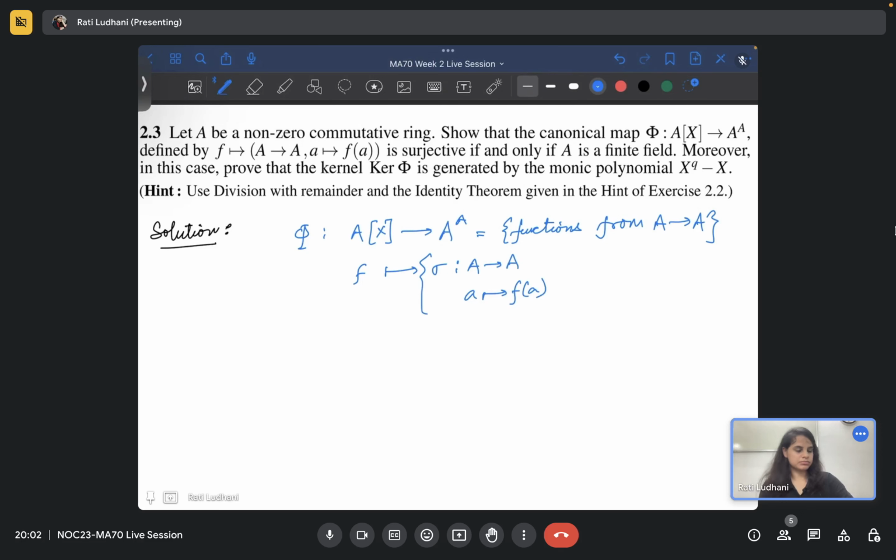This is the function phi, which sends every polynomial to a function from A to A.